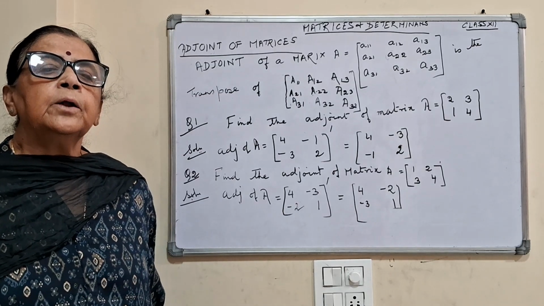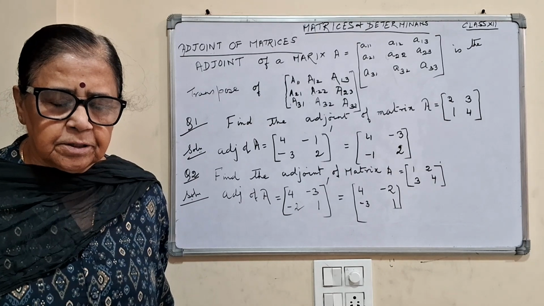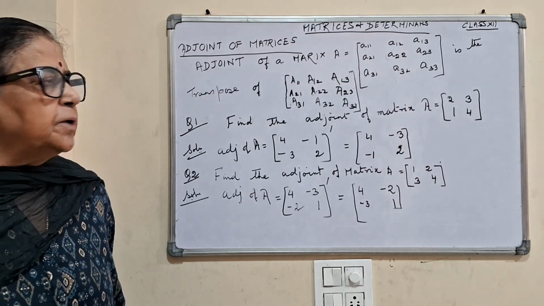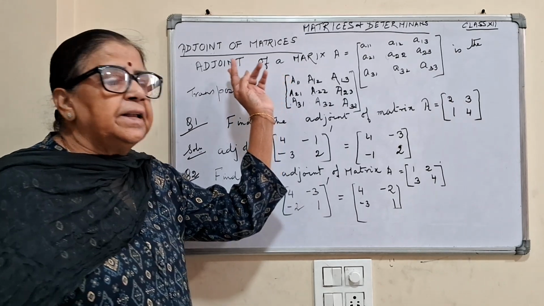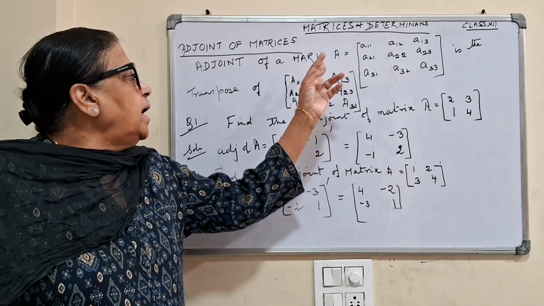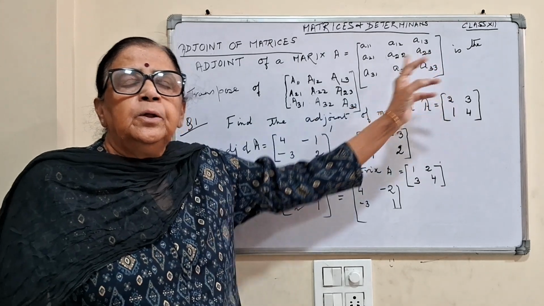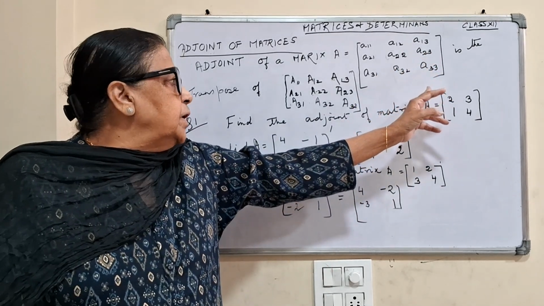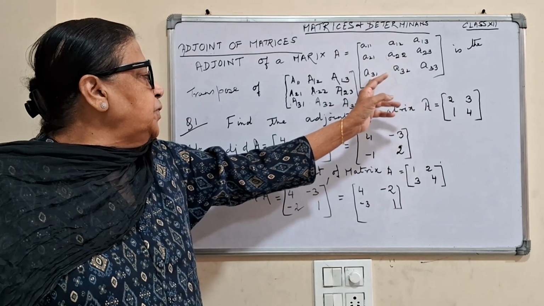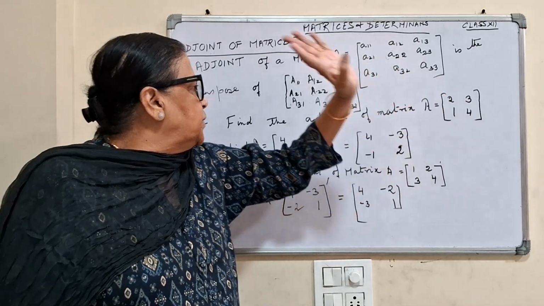Today we are going to study about the adjoint of a matrix. Suppose the matrix is A, with entries A11, A12, A13, A21, A22, A23, A31, A32, A33.